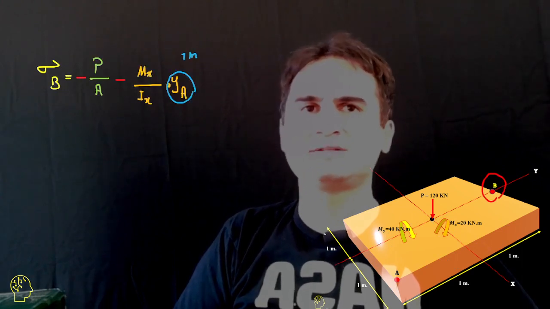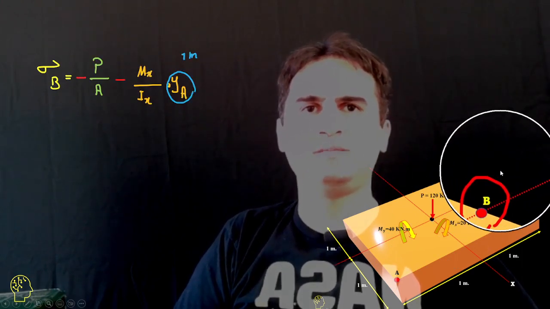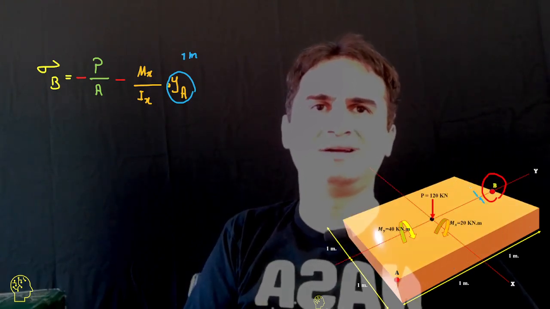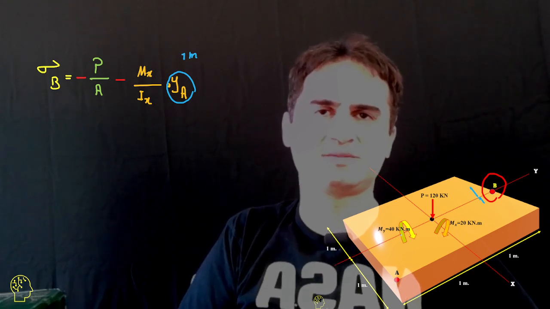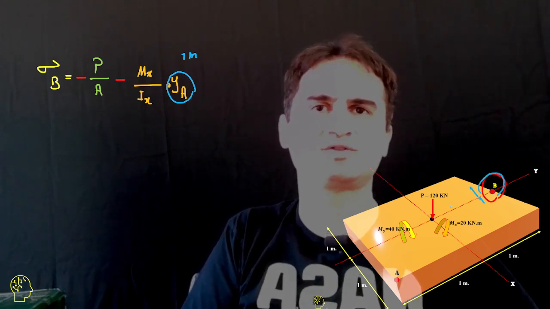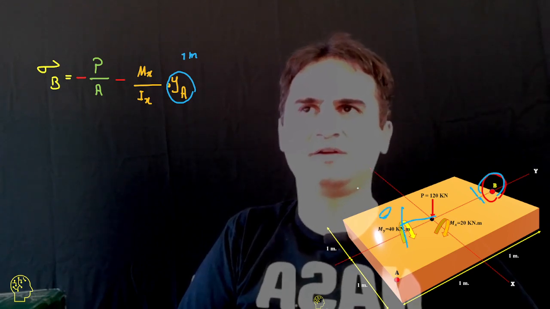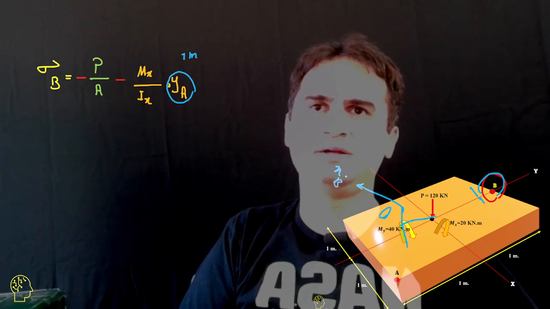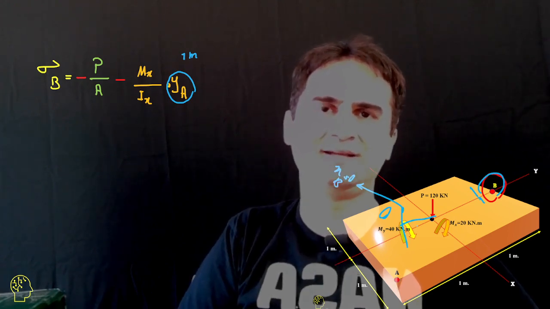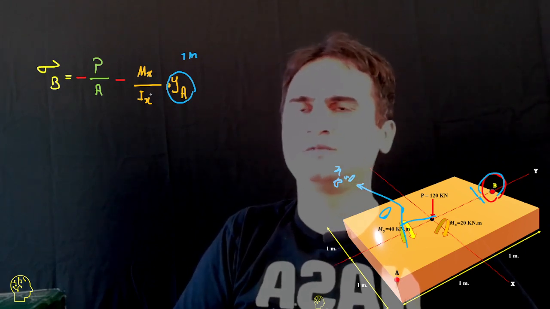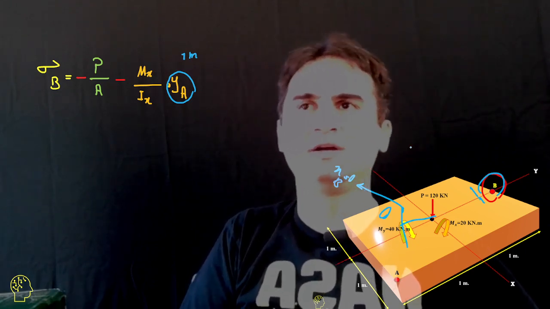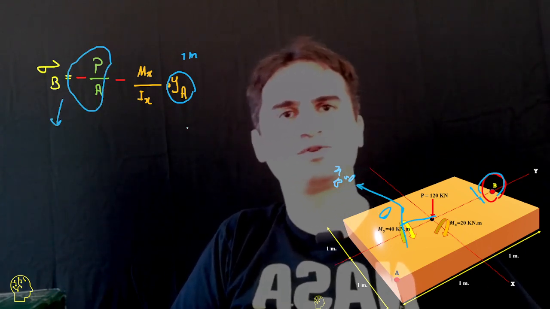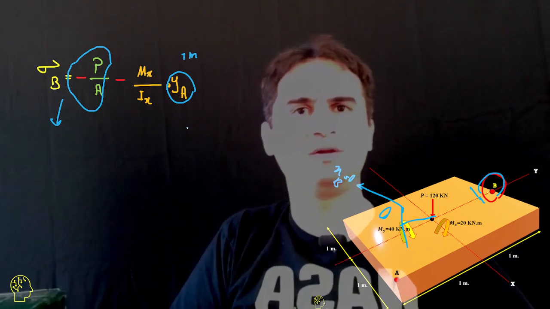Let's see what happens at point B. At point B, there is no effect from My, because the distance x for B is equal to 0; it stands at the center, so we cannot create any moment. So we just have the effect of the load over the area, which is a push downward, and also Mx, which again pushes point B downward.